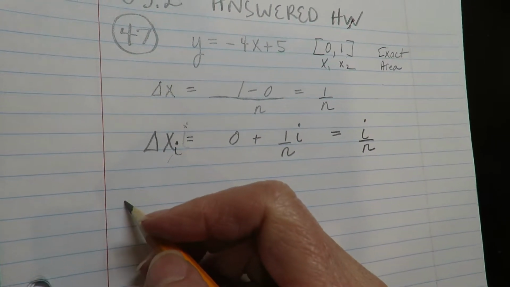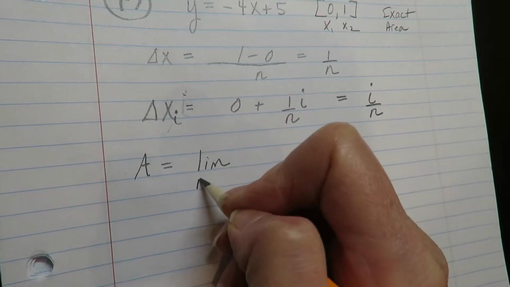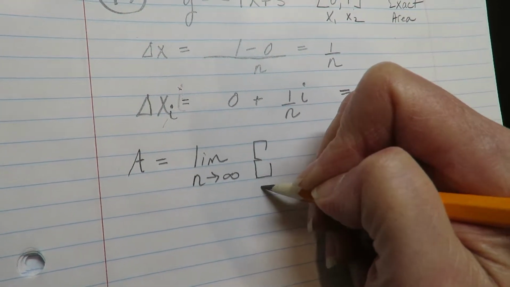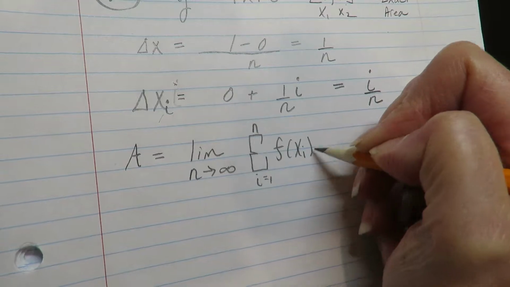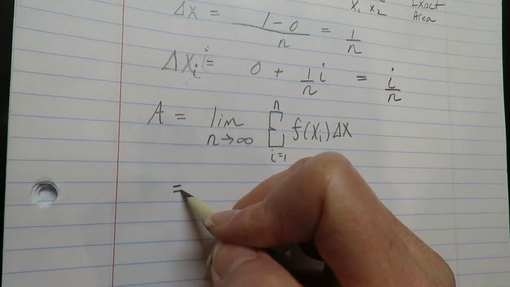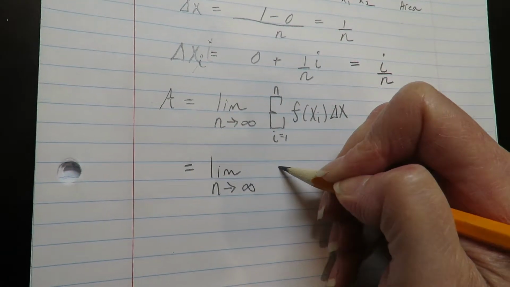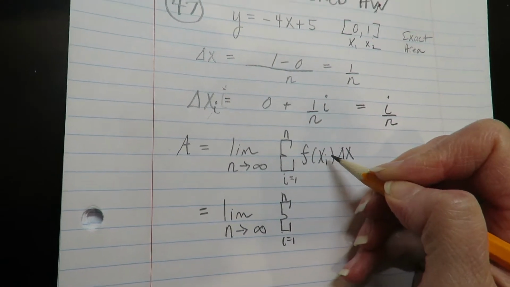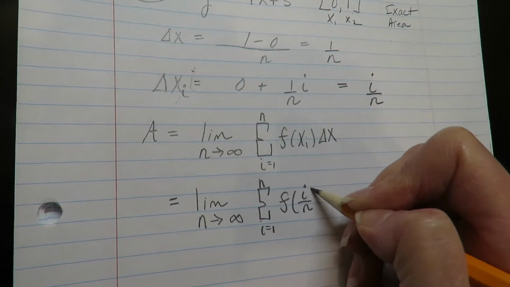Alright, now you're going to put it into the big formula. Okay, x sub i we calculated as i over n.